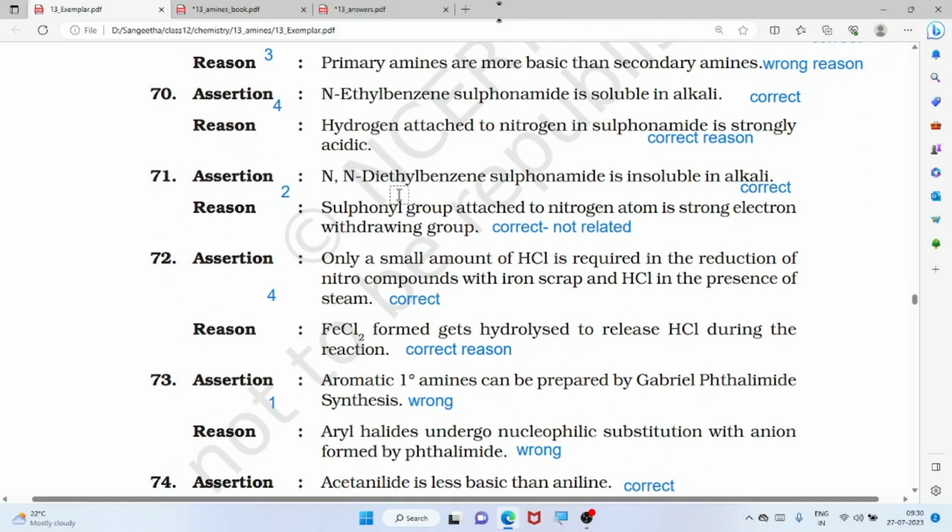N,N-diethyl benzene sulfonamide is insoluble in the alkali. Okay, this is correct. Sulfonyl group attached to the nitrogen atom is a strong electron withdrawing group. Okay, this reason is correct but not related to this assertion.